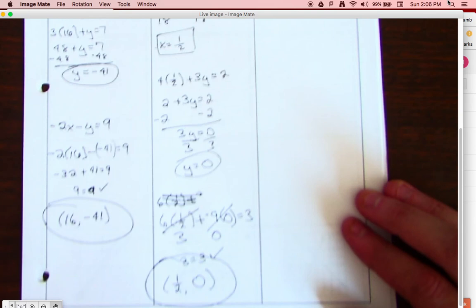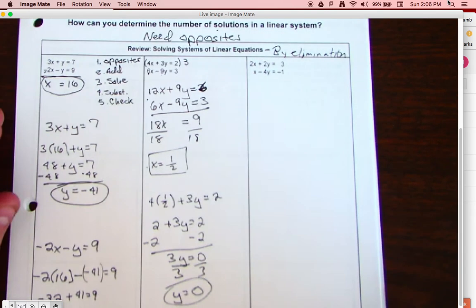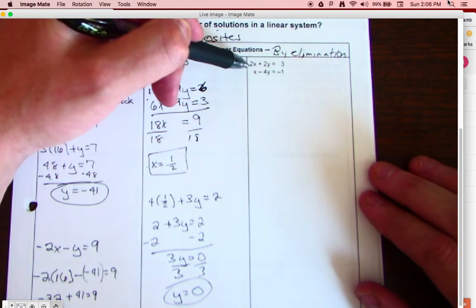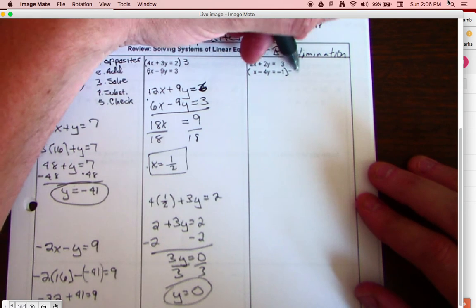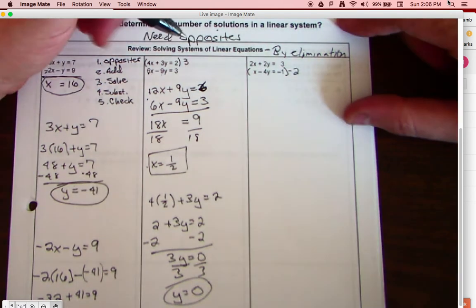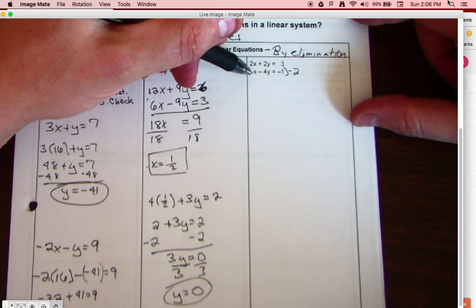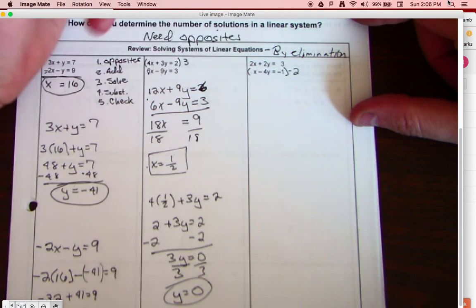Alright, third one. You've got lots of options here, but I'm going to take a little bit more difficult option. What I want to do is eliminate x's here. I just want to show you that you can eliminate the x's also. So the top one has 2x, the bottom one has 1x. I want to get opposites, so the opposite of 2 is going to be negative 2. That means I've got to multiply everything by negative 2.